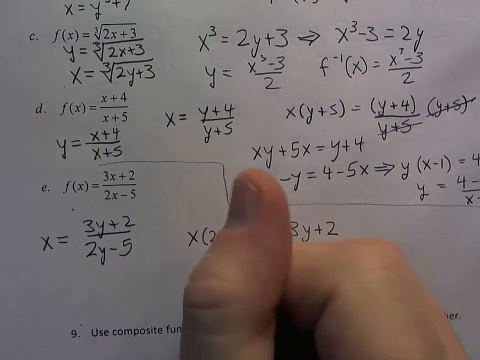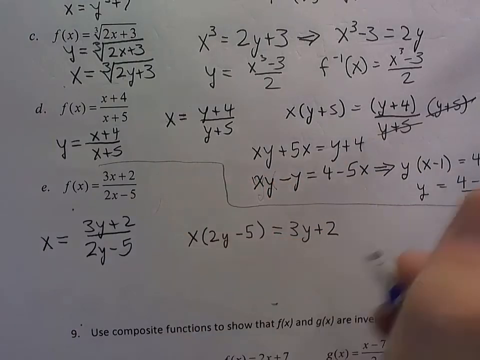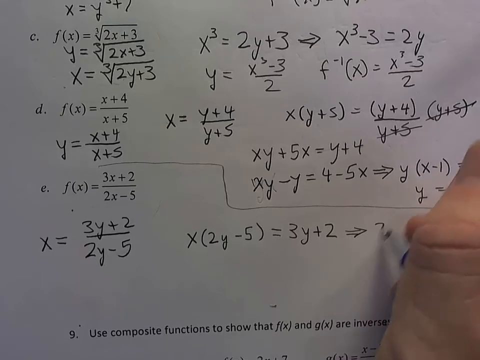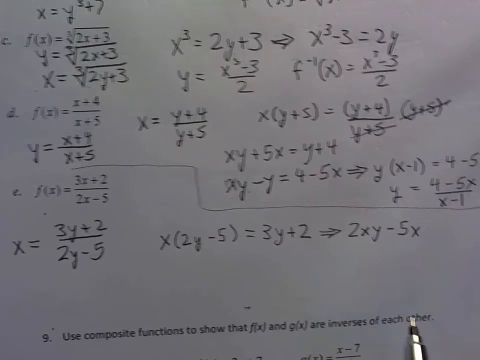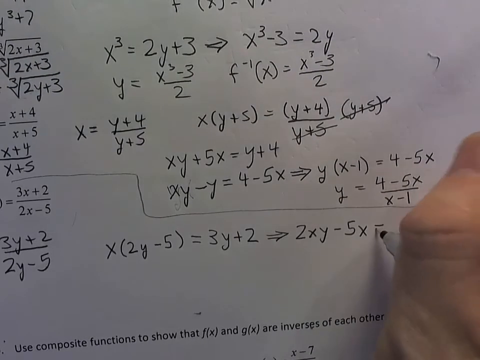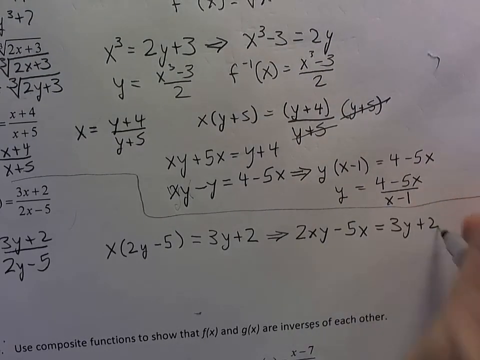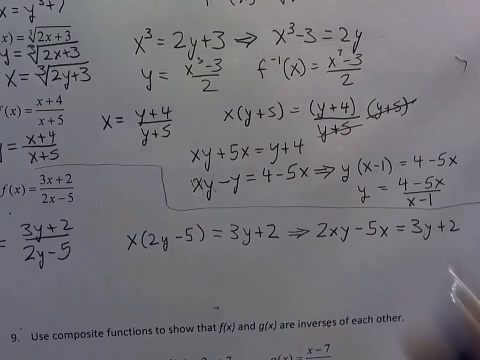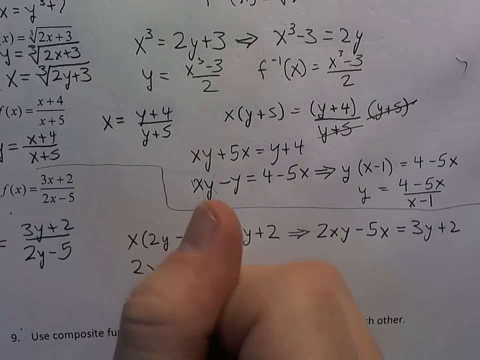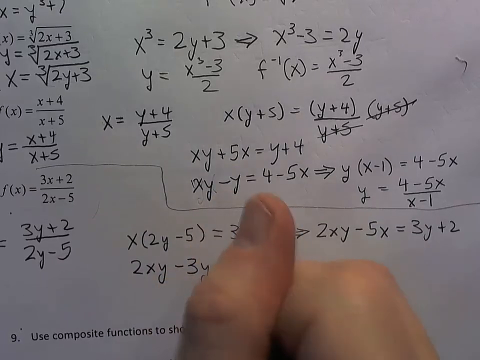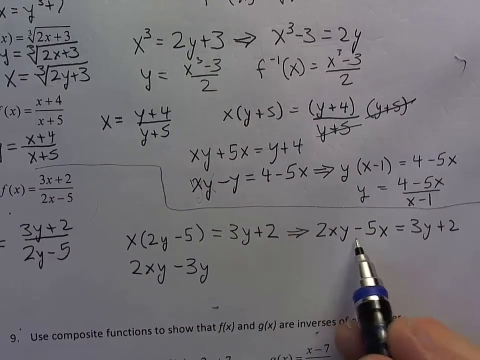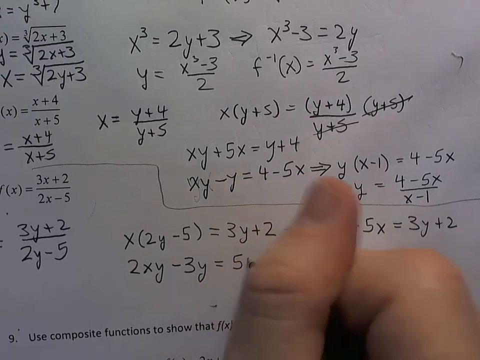And now I clear my parentheses, so I've got 2xy minus 5x equals 3y plus 2. Now I want to gather my y's together. 2xy minus 3y equals 5x plus 2.